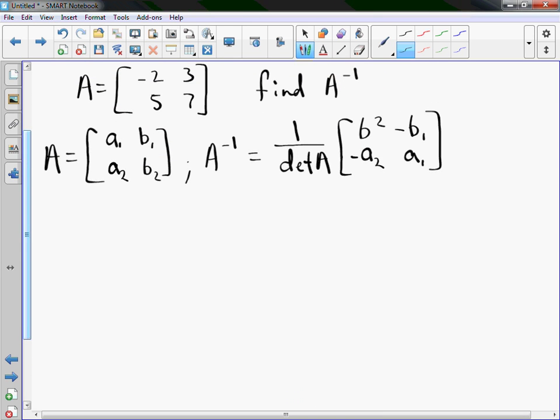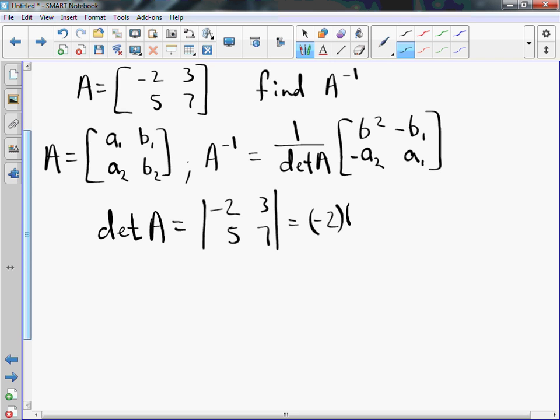First off, let's find the determinant of A. Well, we can basket weave this. Left to right diagonal, negative 2 times 7, minus right to left diagonal, 3 times 5.